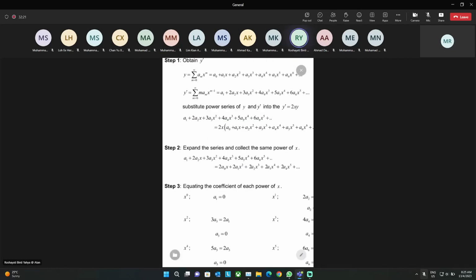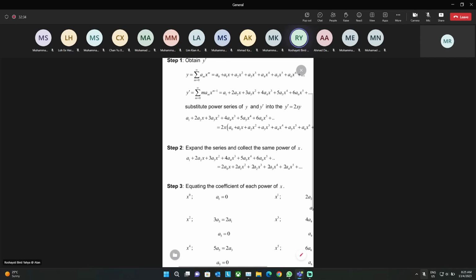Step 2, you need to expand the series and collect the same power of x. So the series from previously on your step number 1, a1 plus 2a2x, you just write this equation back, equal to x multiplied by what you have in the bracket.